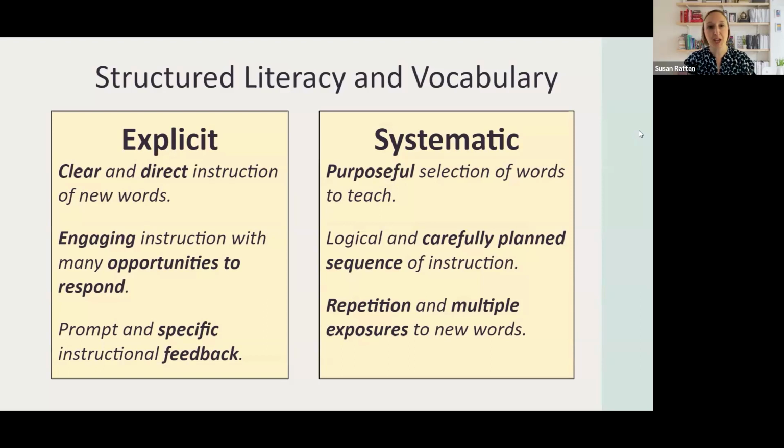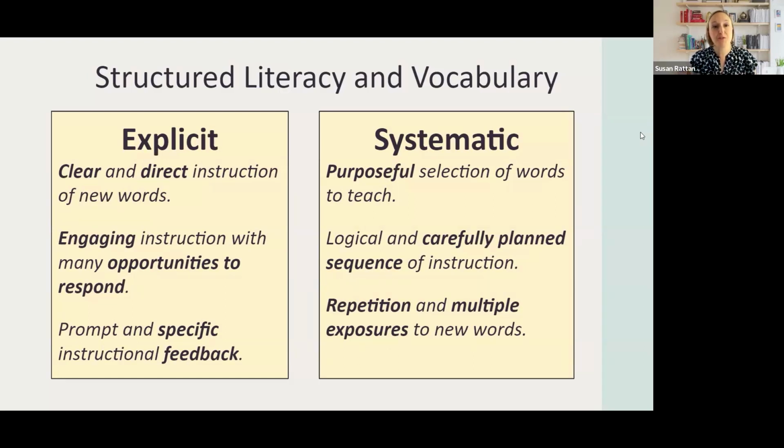So when we're talking about vocabulary, explicit instruction means we're going to provide clear and direct instruction on specific words. So instead of letting kids learn words on their own and stumble upon words, which happens and is also good, we want to have some words where we're directly teaching the word meanings.